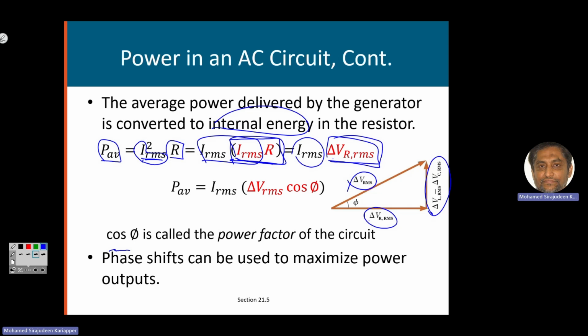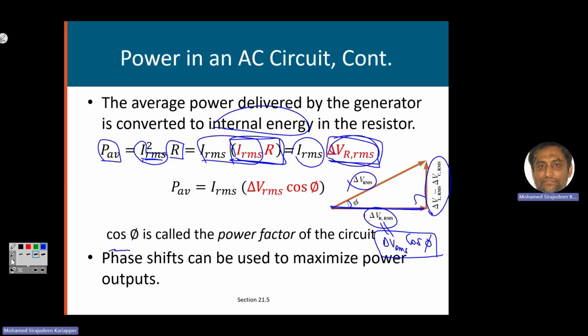Now if you look at this right angle triangle, this is the adjacent for this angle phi, as delta V RMS multiplied by cosine phi. That is the definition of cosine. Cosine is what? Adjacent divided by the hypotenuse. So adjacent will be equal to hypotenuse multiplied by cosine phi.